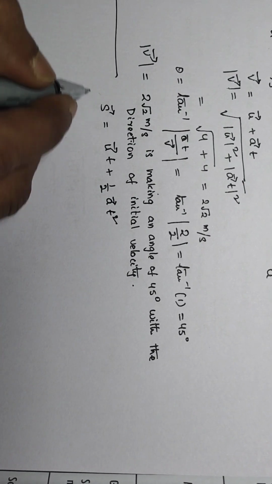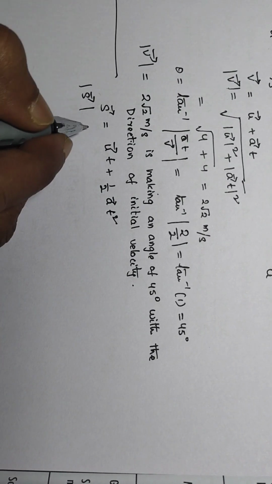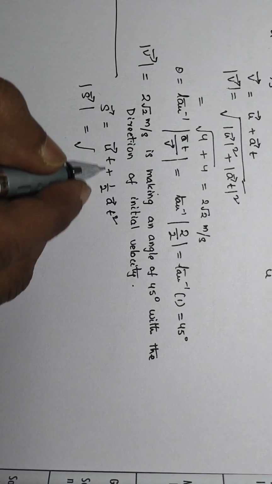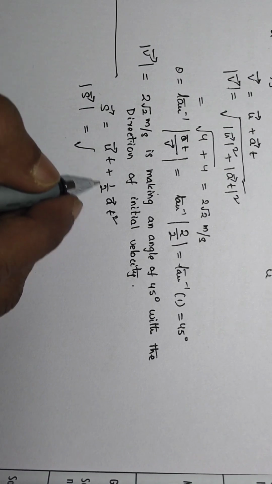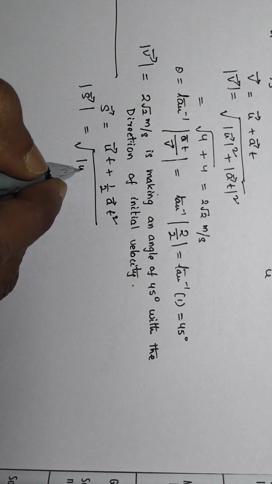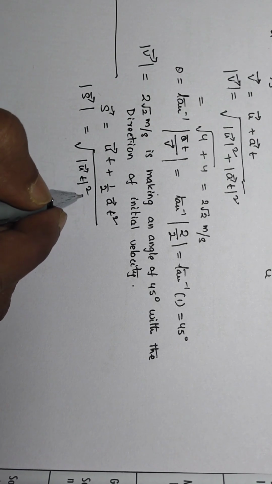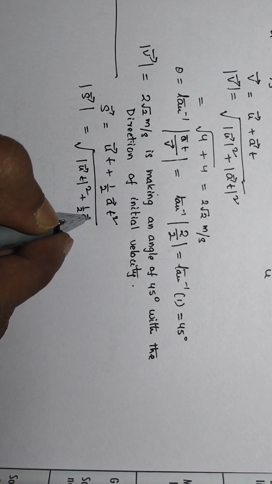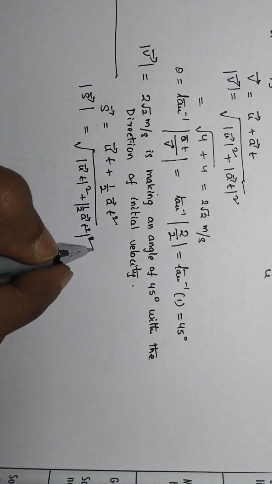So modulus of s bar is equal to the square root over, since they are both perpendicular, the magnitude is u bar t whole square plus half a bar t square whole square.